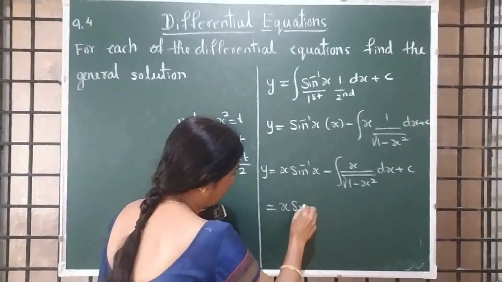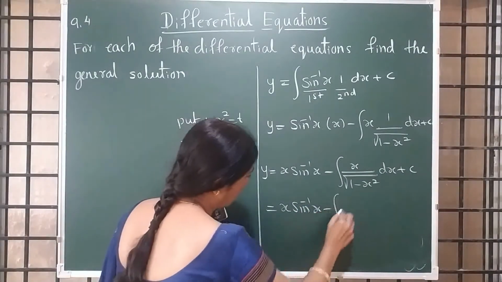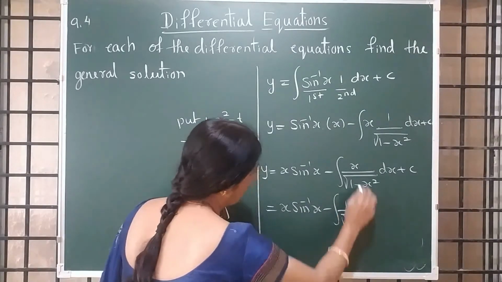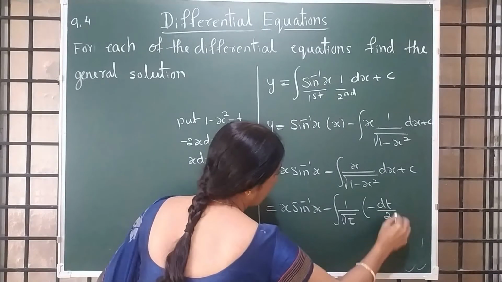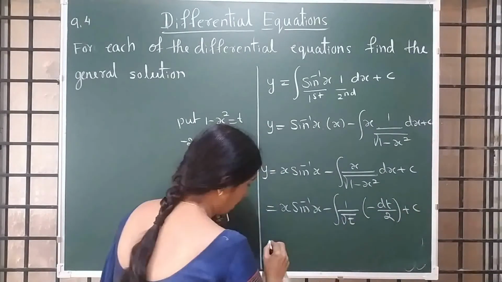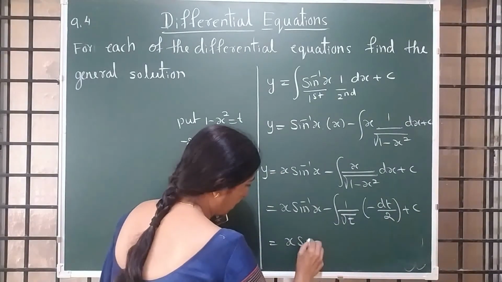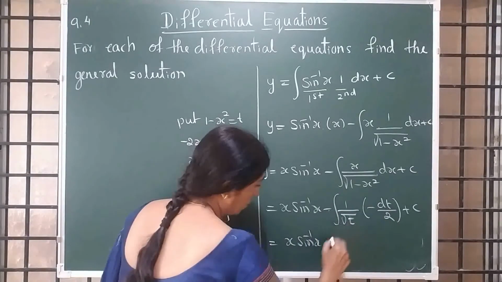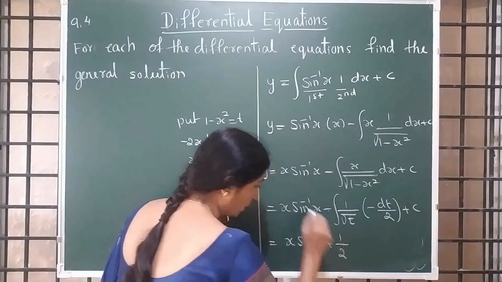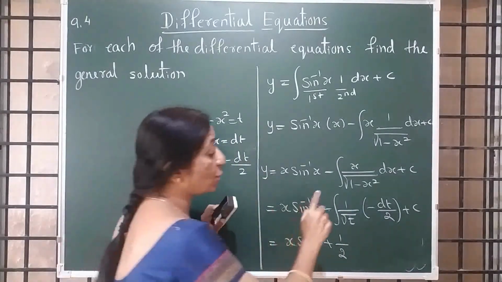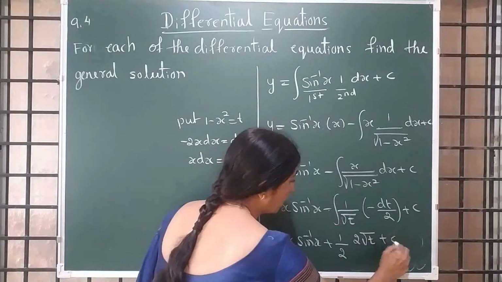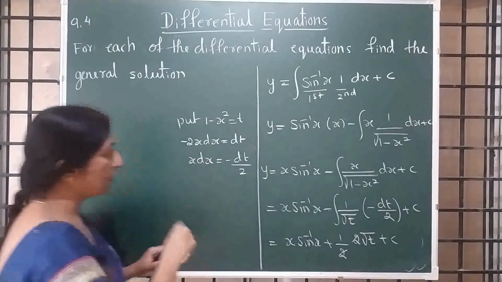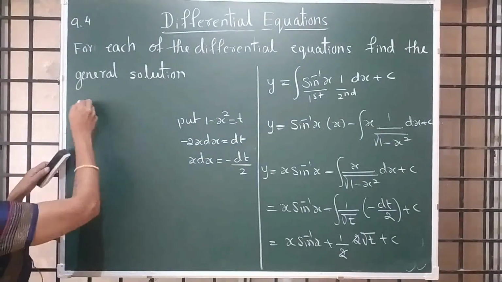x into sin inverse x minus 1 upon root t, x into dx is minus dt by 2, plus c. This is x into sin inverse x minus into minus plus 1 by 2, constant outside. Integration of 1 by root t is 2 root t plus c. These 2 and these 2 get cancelled. Write that value in the form of x.